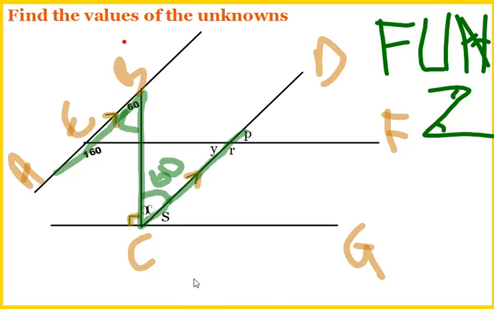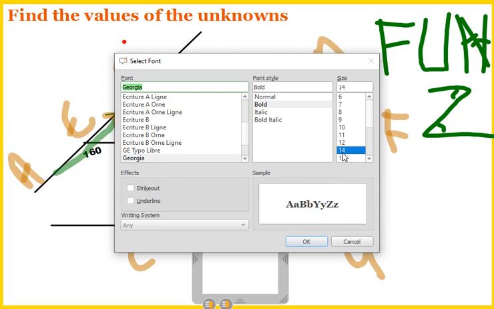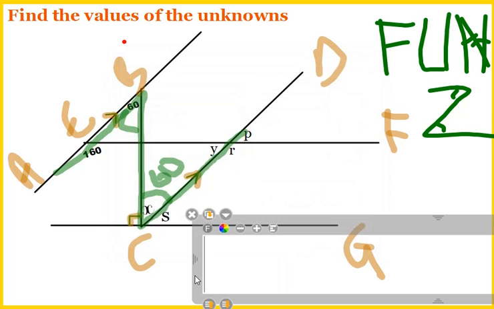You write it as follows: X equals 60 degrees, alternating.